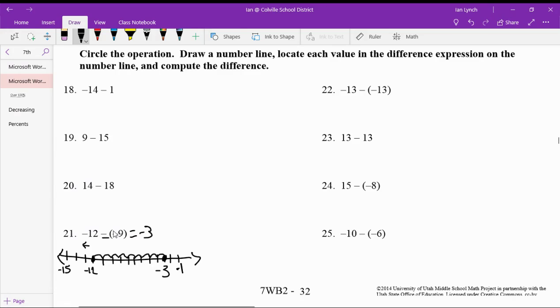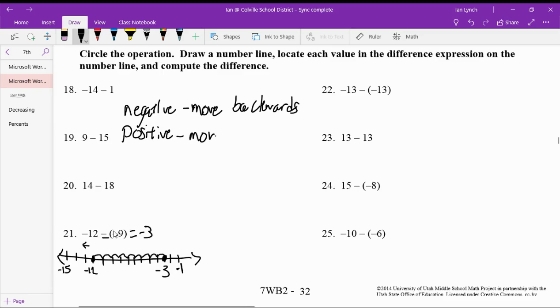And remember, guys, if you need to write this down, write this down. Negative: move backwards. Positive: move forwards.